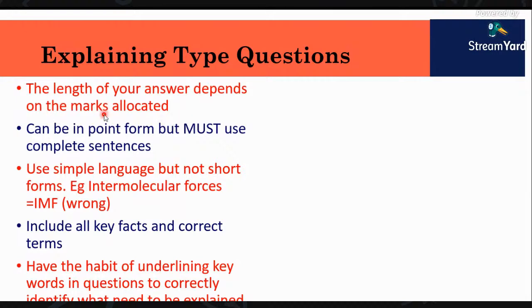The marks allocated beside each question should be a good guide to begin with. You can write in point form, as I've shown in some examples before, but you must use complete sentences. Do not use point forms and short forms together, and short points.